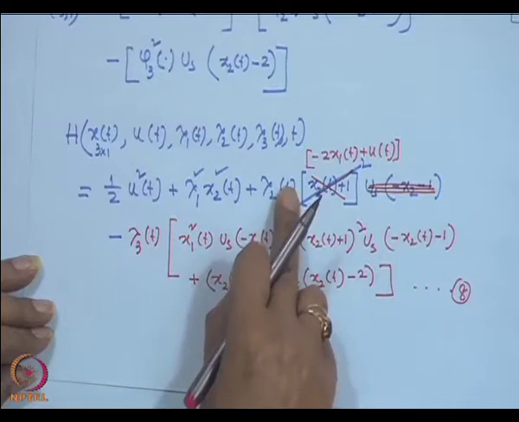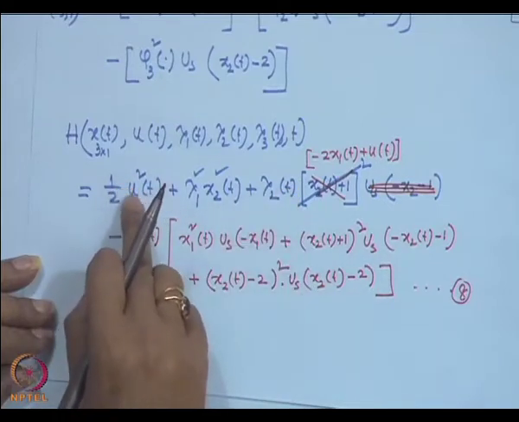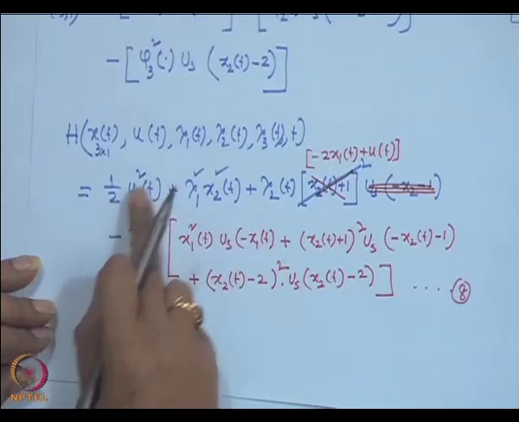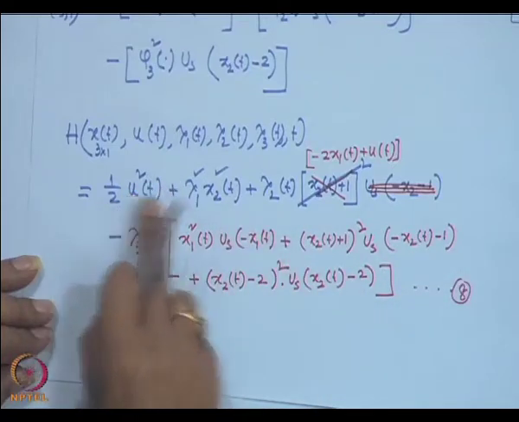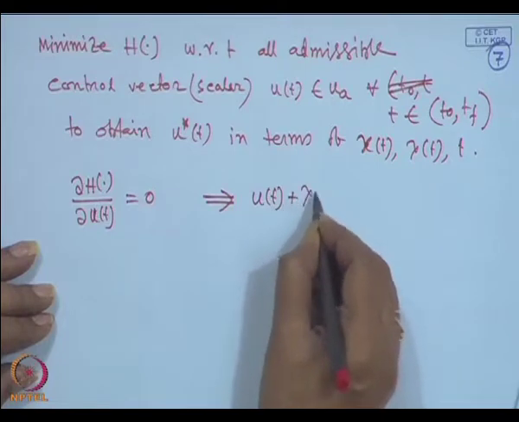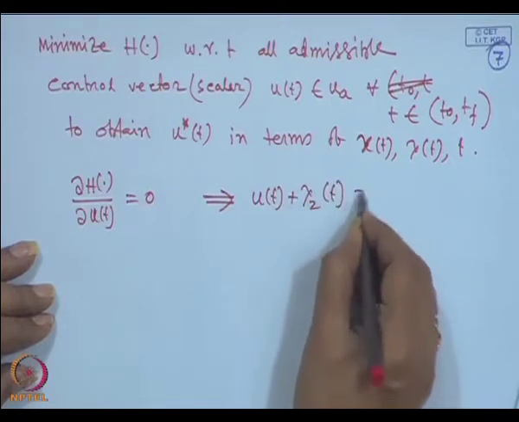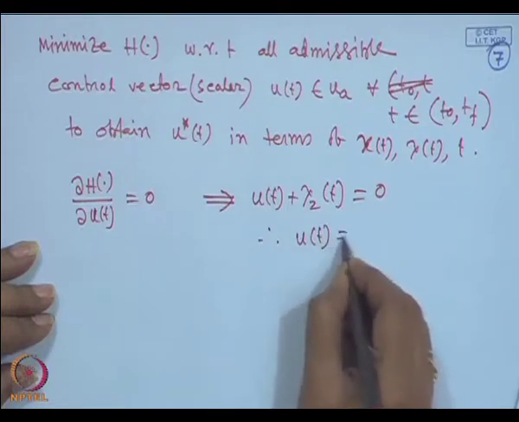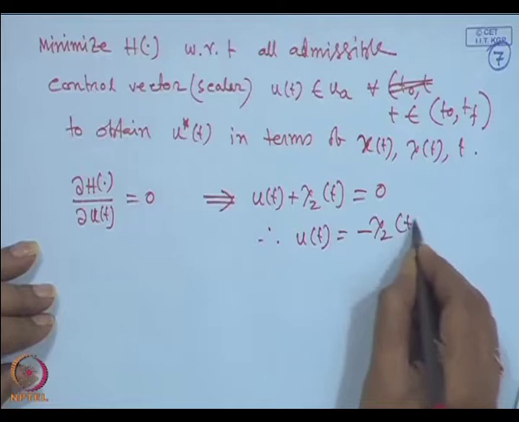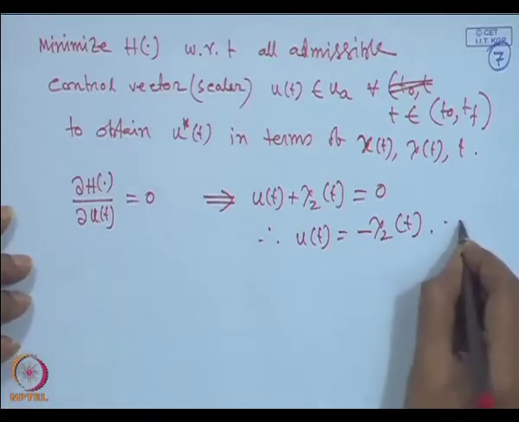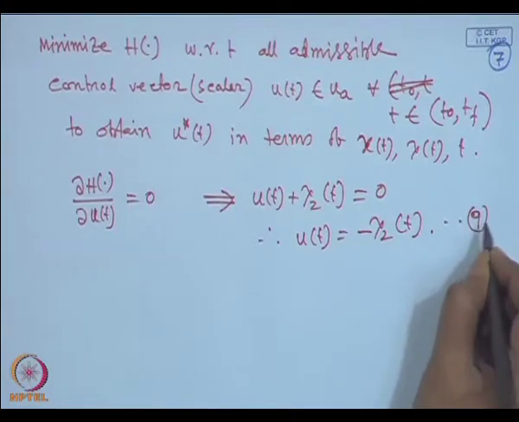So lambda of t, there is u term in the first term and third term, no other terms where u is involved. So this will be u of t plus lambda 2 of t is equal to 0, and therefore u of t is equal to minus lambda 2 of t. Agree? So, let us call this equation number 9.